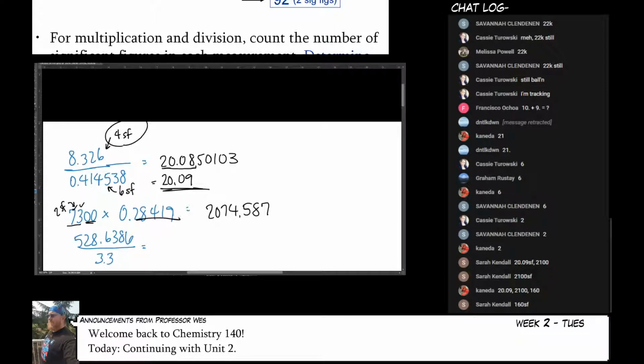This is 5 sig figs. What's smaller? 2 is smaller than 5, so I only keep the first 2 digits. But I can't report 21 as the answer, because 7,300 times something is not 21. So I need, there's my decimal point, I need at least 2 zeros to go there. So that's the answer I'd report.